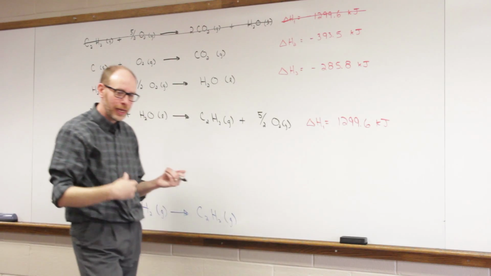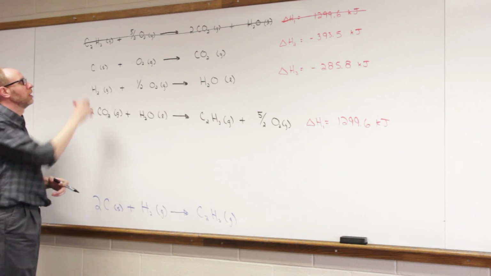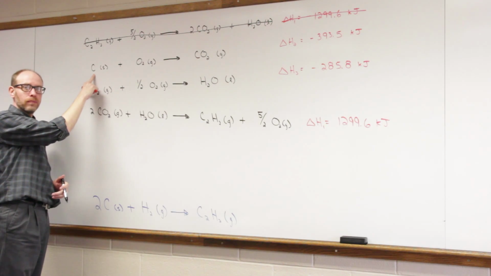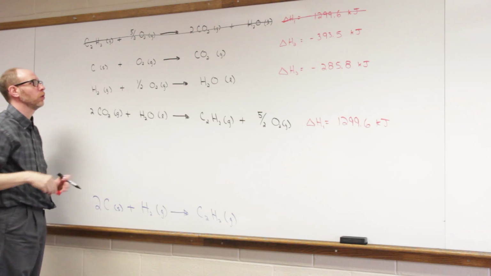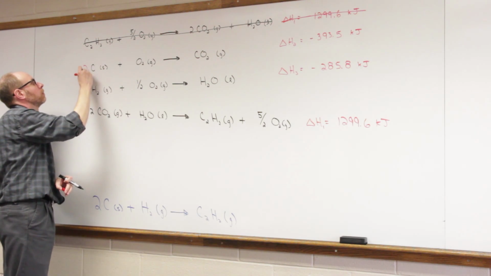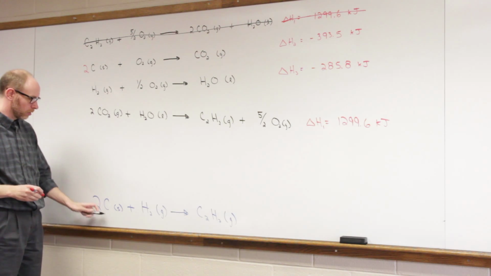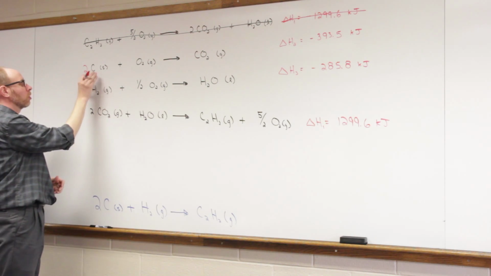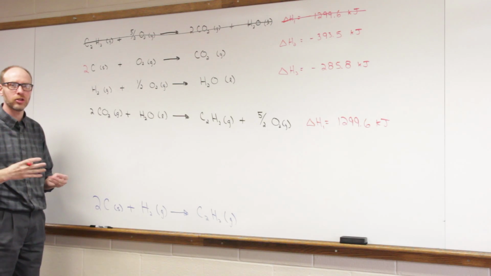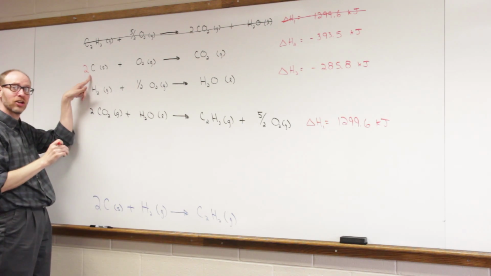So we know we need to end up with 2 carbon atoms. I've only got 1 of them here. So when I add this up, I need to have 2 of them. So I am going to put a 2 in front of this carbon. And you might say to yourself, but you can't really stop there. How can you just multiply one thing in an equation times 2 and nothing else? And you would be right. I can't just stop there.